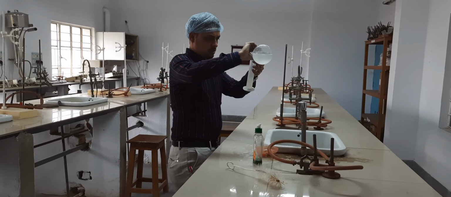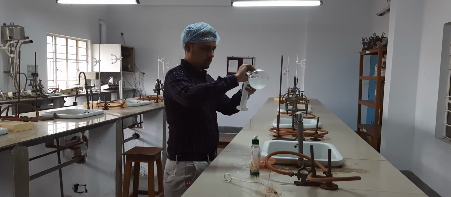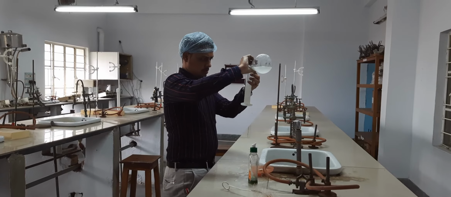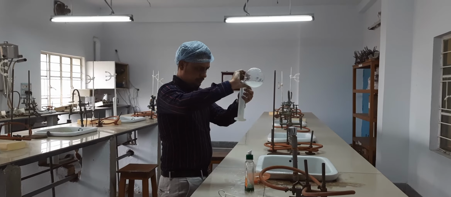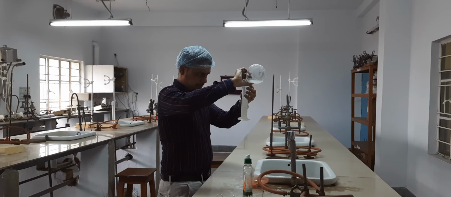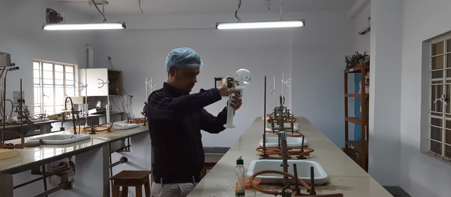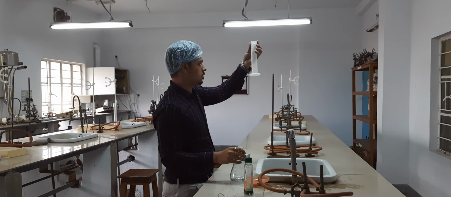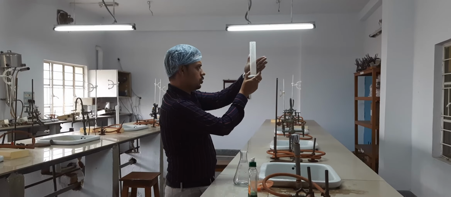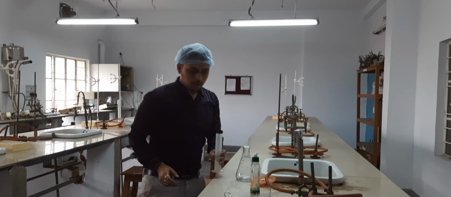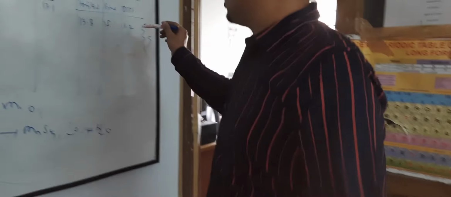We are measuring 100, 200, 300, 327. Total volume of water 327 minus 1.2.